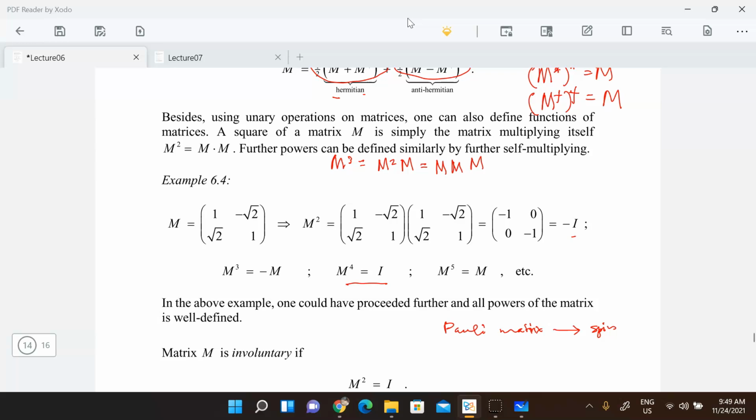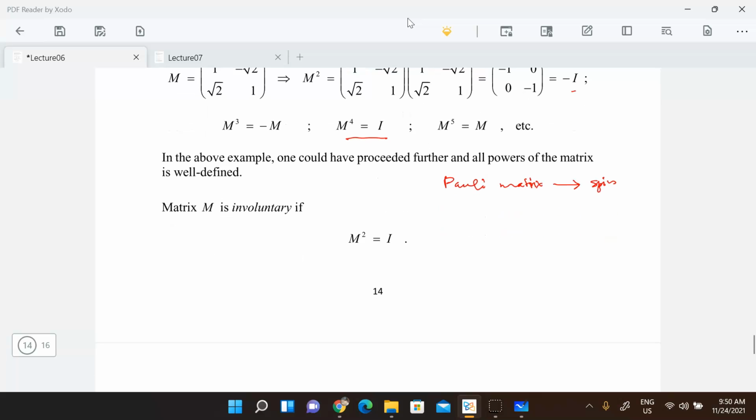So they have some specific behavior that allows you to see some nice properties about them. So let's start to introduce some names, some labels.